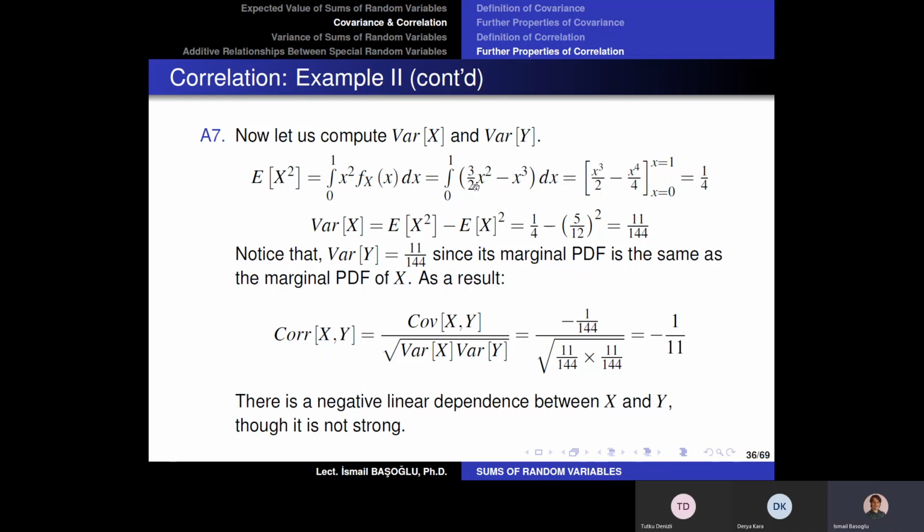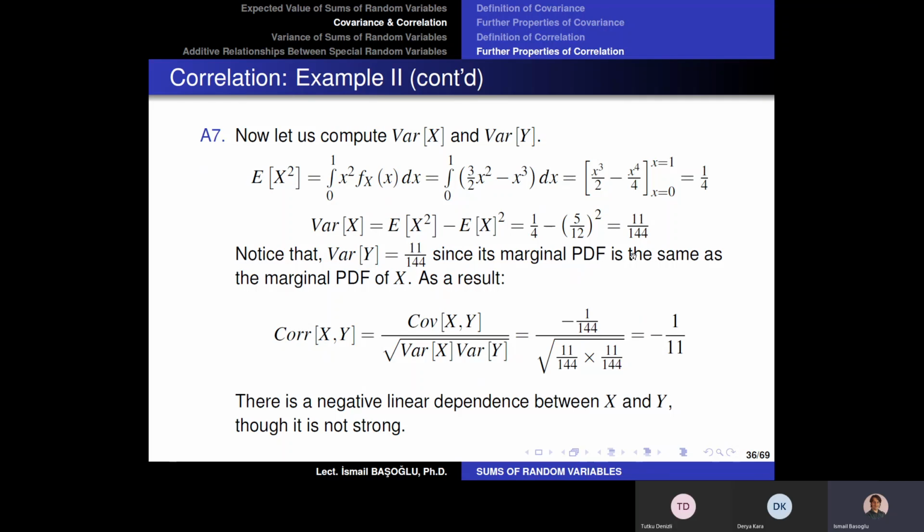And that integral will give us 1 over 4. And in order to compute the variance of x, I am going to subtract the square of the expectation from 1 over 4, which is going to be equal to 11 over 144. So the variance of x is 11 over 144.